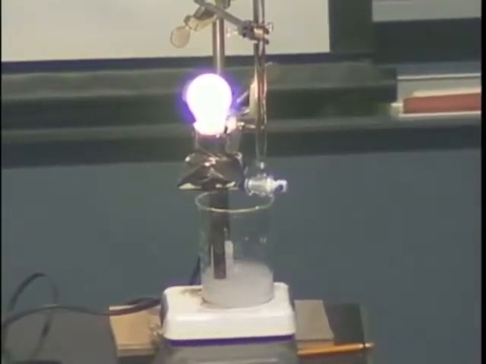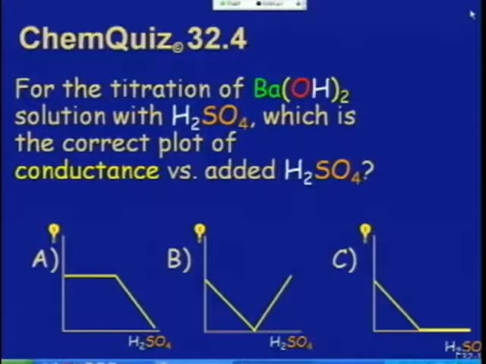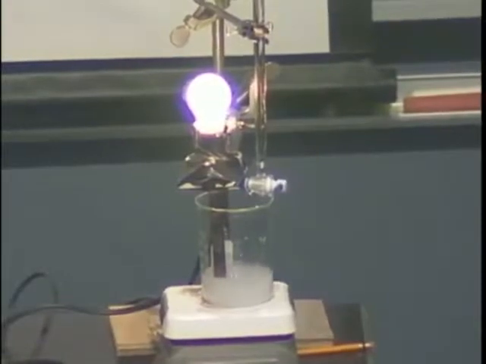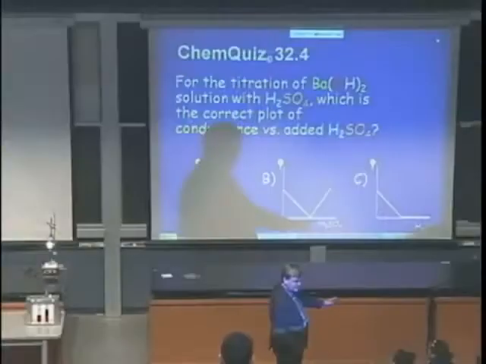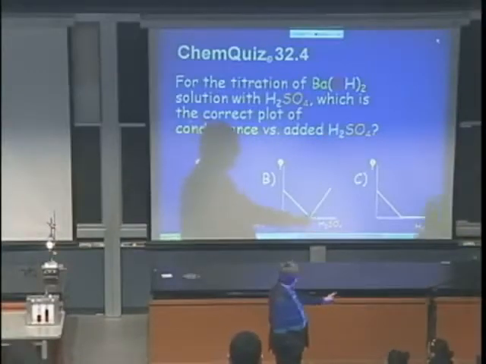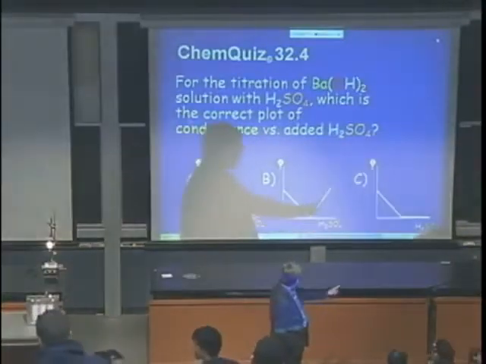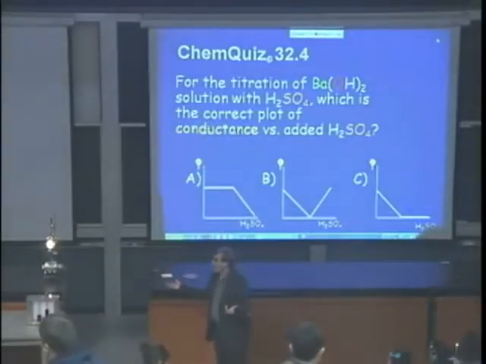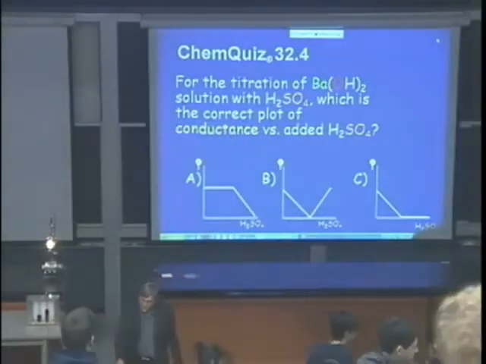It is B, okay? It is B. I'm sorry, I did it wrong here. It is B. Of course, here's the barium sulfate totally precipitated. That's when I had it dark. And now you're adding just sulfuric acid. Did I say C? Ah, that was wrong. I added sulfuric acid, and now you have just the H2SO4 dissociated. It's a strong electrolyte, and with this you had B.